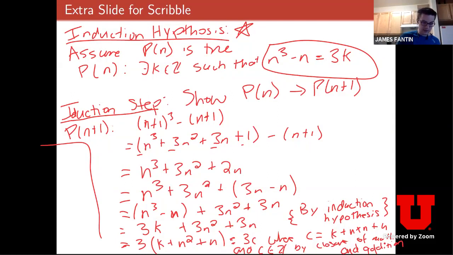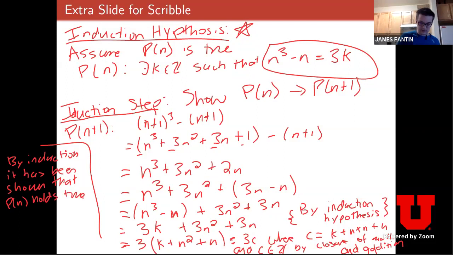So at the end, we would just say: by induction, it has been shown that P of n holds true for integers n greater than or equal to 1. And that would be the conclusion, wrapping up our proof.